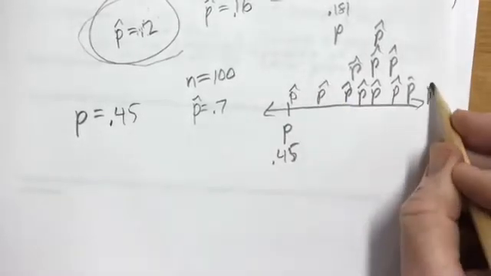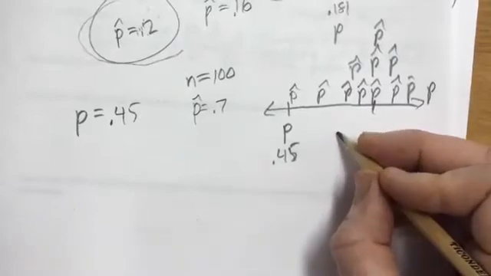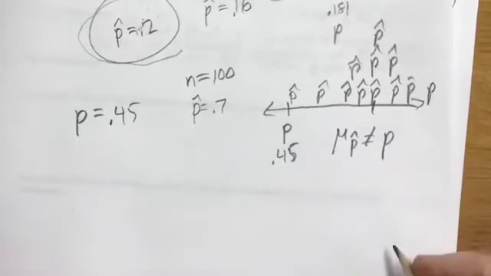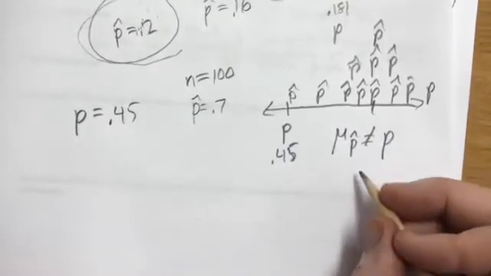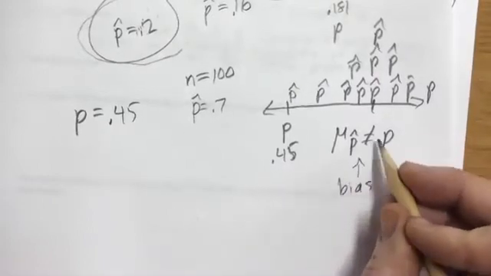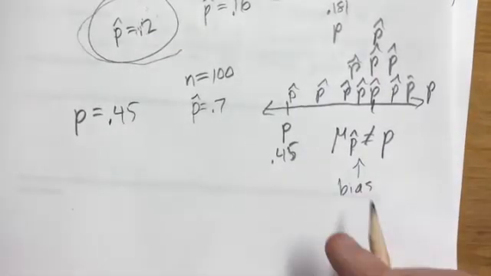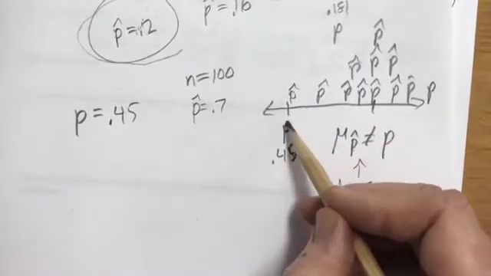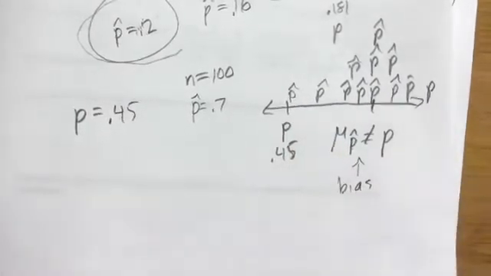But in general, they're averaging something. The mean, if I average these P hats, they are not equal to P. And so that is an equation that displays bias, when the mean of your statistics is not equal to P. So that's what that looks like when you have a biased method. It's not that one of your P hats is different from P, it's the average of all of them.